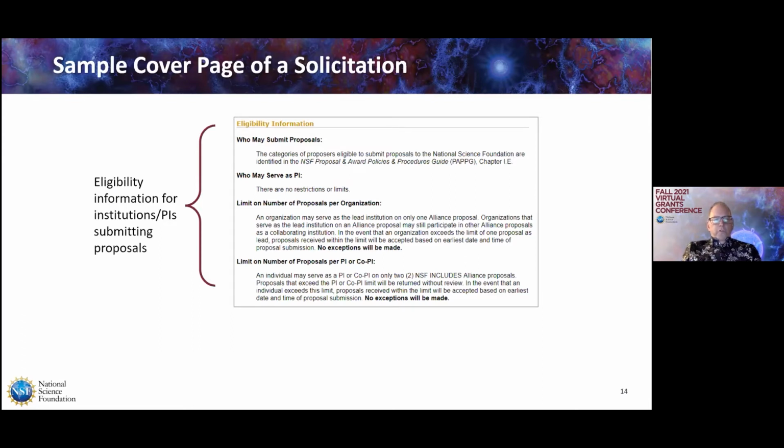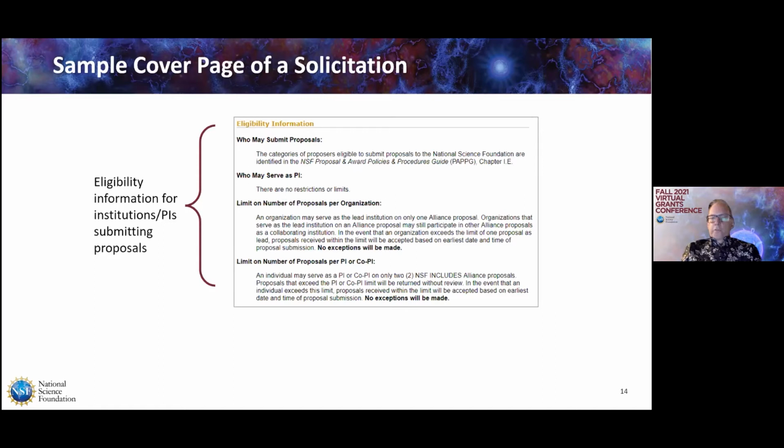Also of importance are the eligibility criteria for the particular solicitation that you would be interested in. So who may submit proposals is divided into 2 different categories here. One is as PI or co-PIs, and also the limit on the number of proposals per organization.